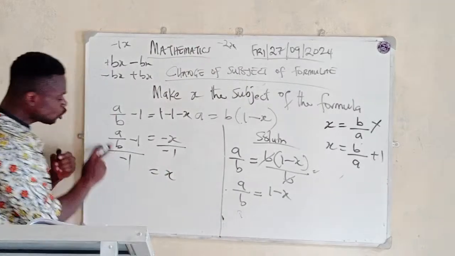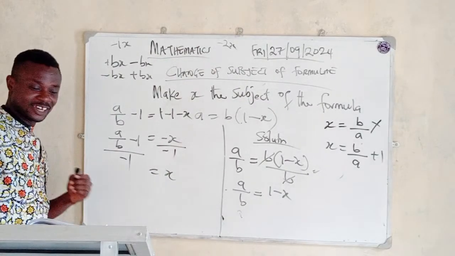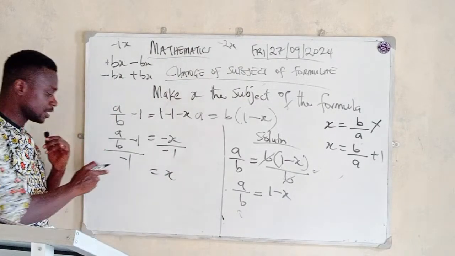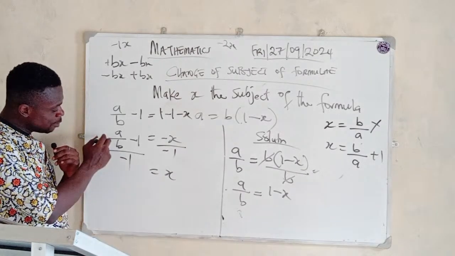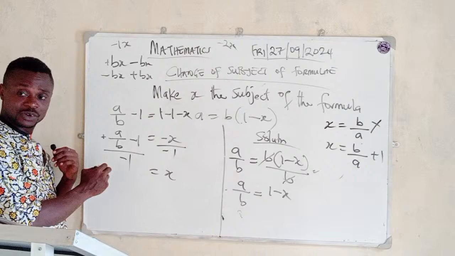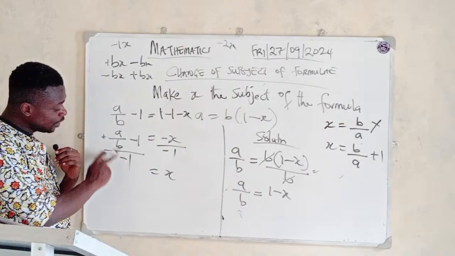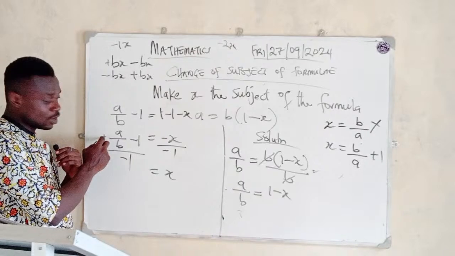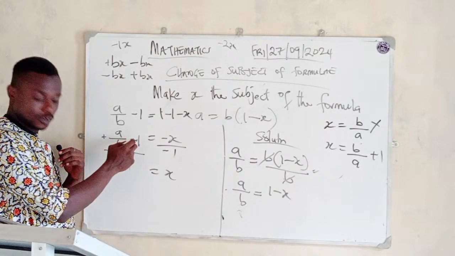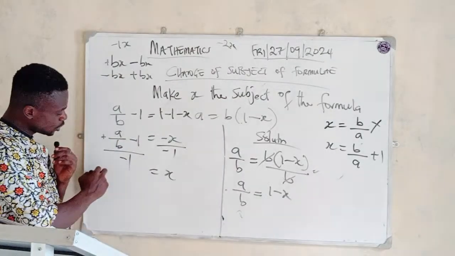What will happen to this one? Remember there is an invisible plus here. This minus, if you divide everything, will change this one to what?